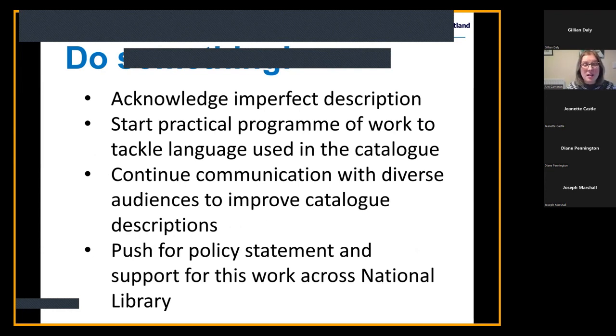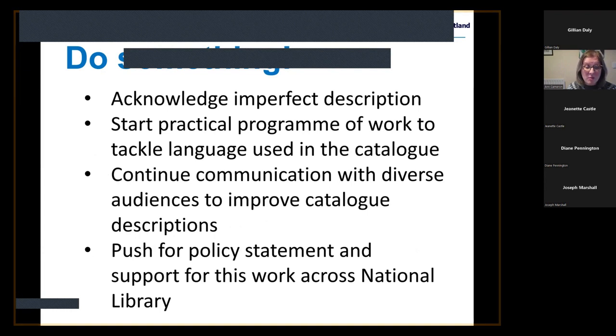And we did. First of all, we acknowledged that we had some imperfections in the catalogue and that was okay. We shouldn't be scared of admitting that. But likewise, after we did the task that I'll talk about, most of our records were okay and we shouldn't worry too much. I think we have to acknowledge that we've got a problem and we have to look at it.